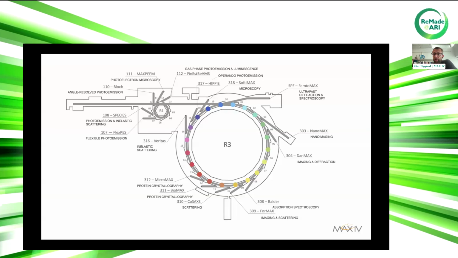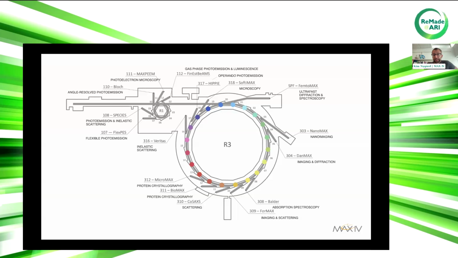Now, if we look at the schematic map of MAX4, it looks roughly like this. So we have two circular electron accelerators. We accelerate electrons very close to the speed of light. They emit synchrotron radiation, and then we use that synchrotron radiation to study materials.